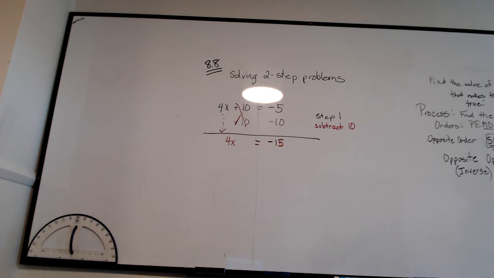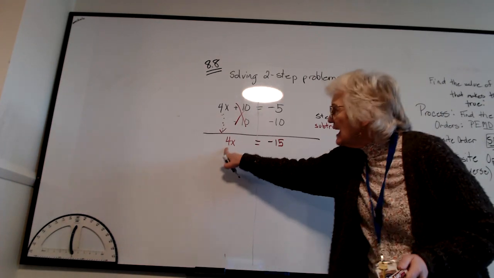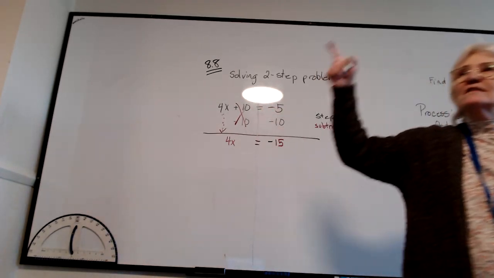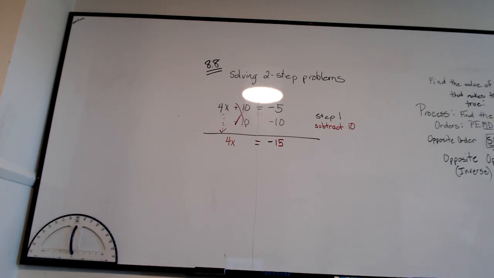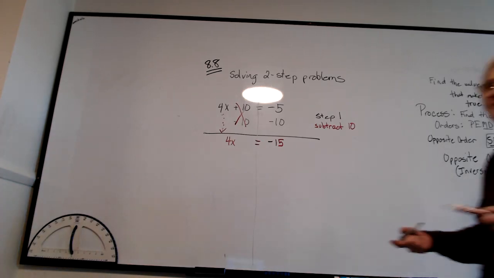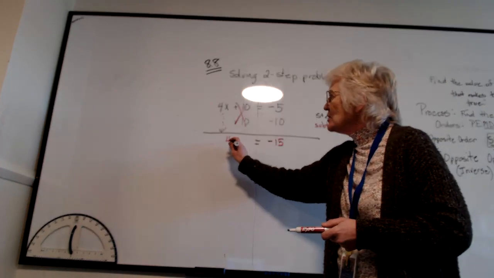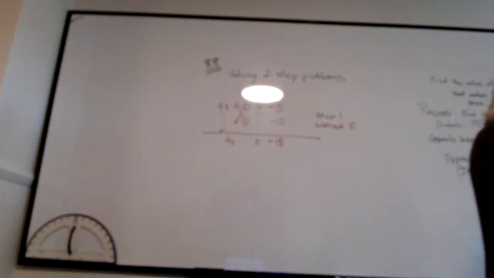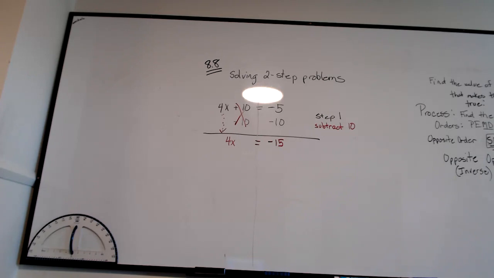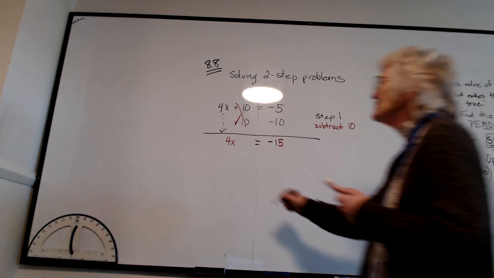Okay. Now, the next step is I still want to get x by itself. I don't want the 4 because the 4 is next to the x. So we're going to do the opposite operation. This is multiplication. What is the opposite of multiplying? Yes. Division. So we are going to divide.